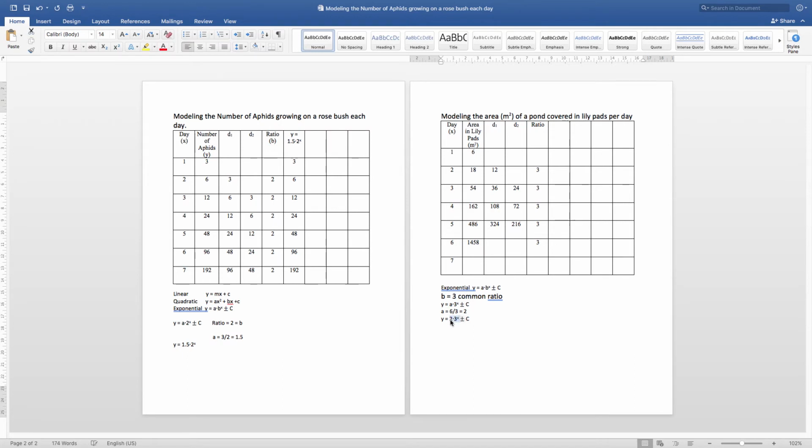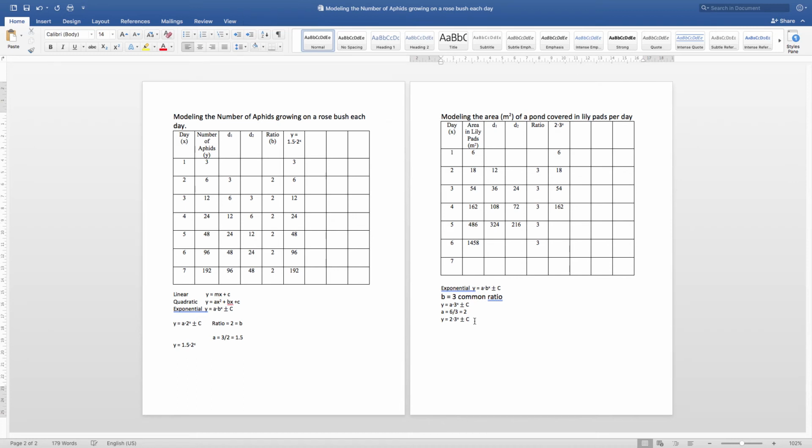So if I go 3 to the power of 1, that's 3 times 2 is 6. 3 to the power of 2 is 9 times 2 is 18. 3 to the power of 3 is 27 times 2, that's 54. 3 to the power of 4 would be 81, and 81 times 2 would be 162, and so on. So in fact, this is telling me that there is no c value at all.